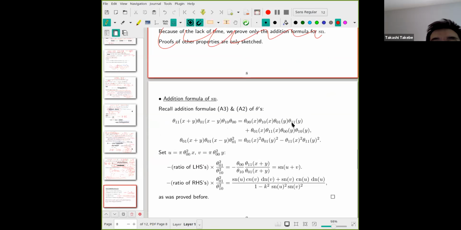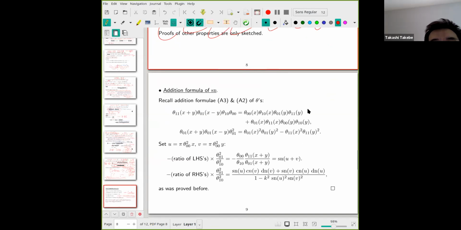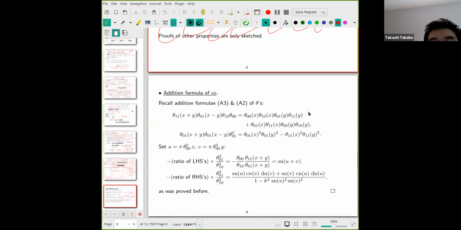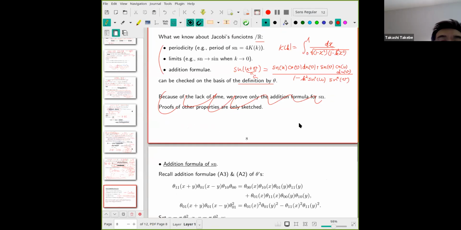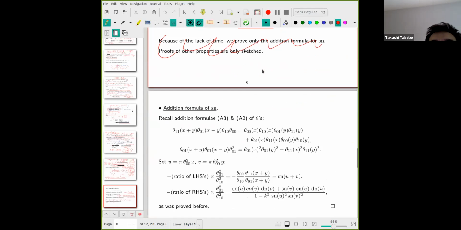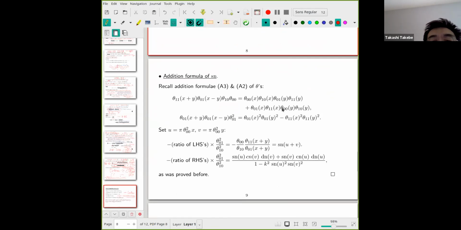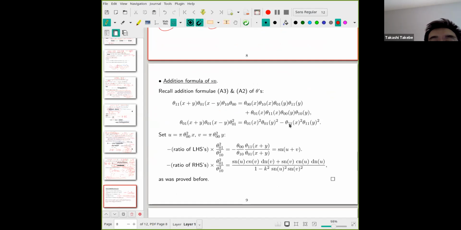But probably today I can talk a little bit more in detail. Okay, so we have proved these are the first addition formulas, and then if we have time, I'll check the periodicity.